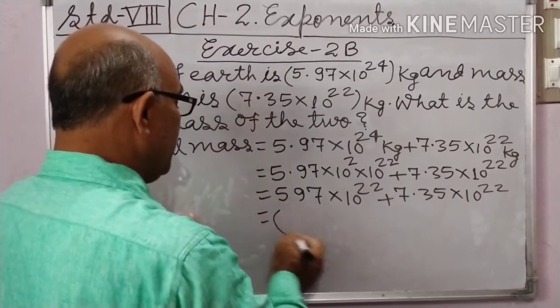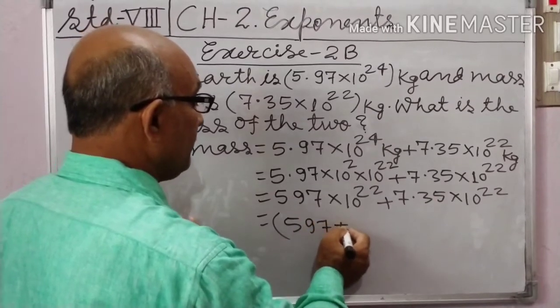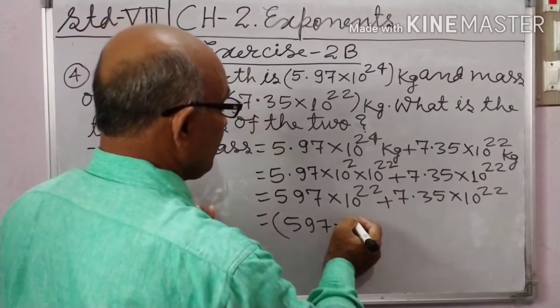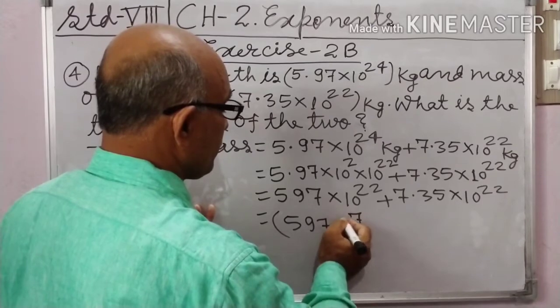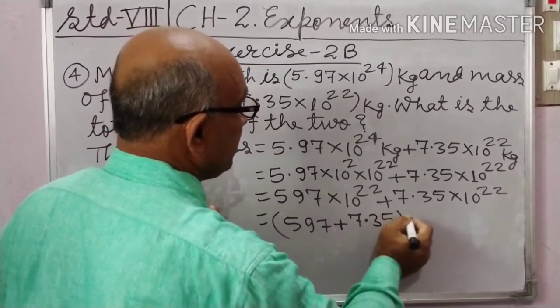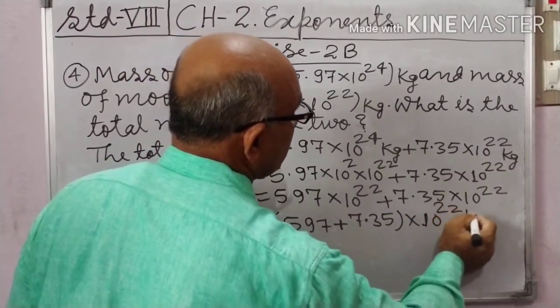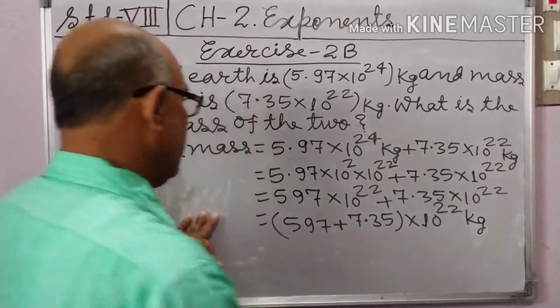Now 10 to the power 22 is common. So 597 plus 7.35, into 10 to the power 22 kg.